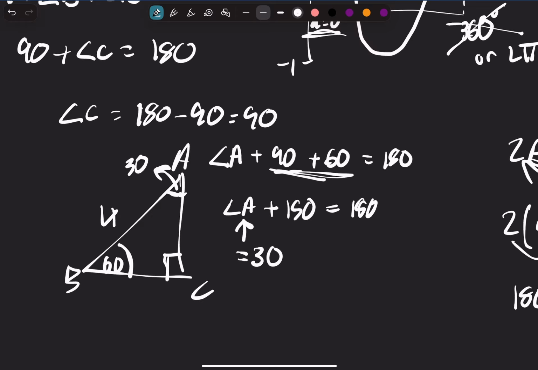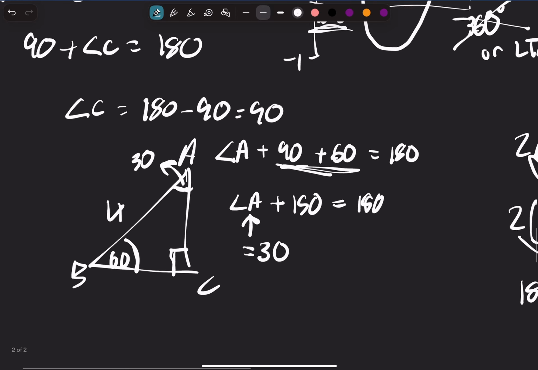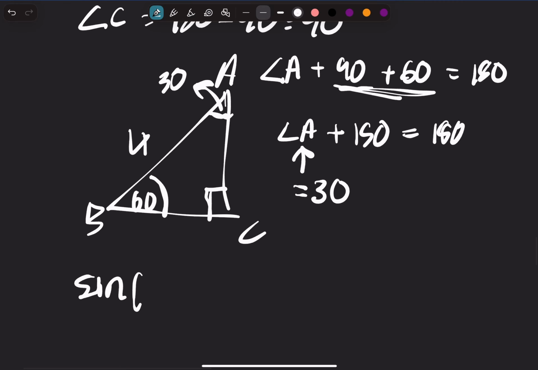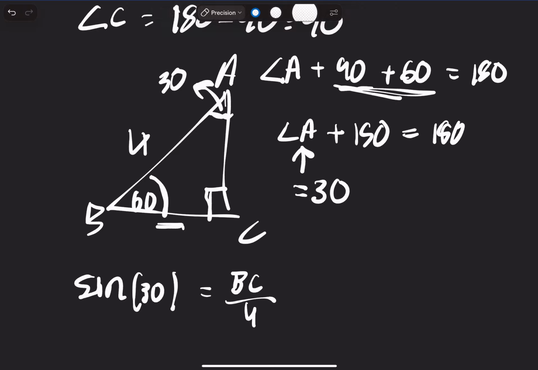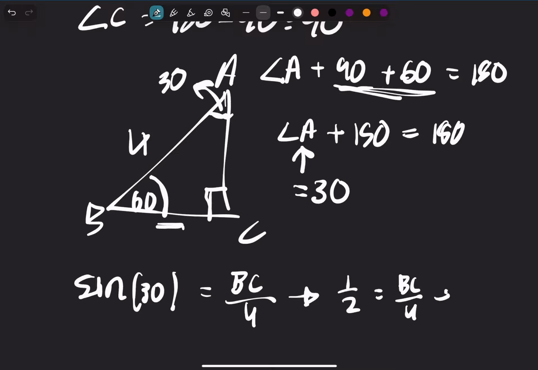But just off the top of my head, I remember that sine of 30 is a half, and sine of 30 equals the opposite side, in this case BC, divided by 4. Now, I can't remember what the question was asking for, but I'm just going to take sine 30 because it's a half and it's kind of nice. This means that a half equals BC over 4, and so BC must equal 8.